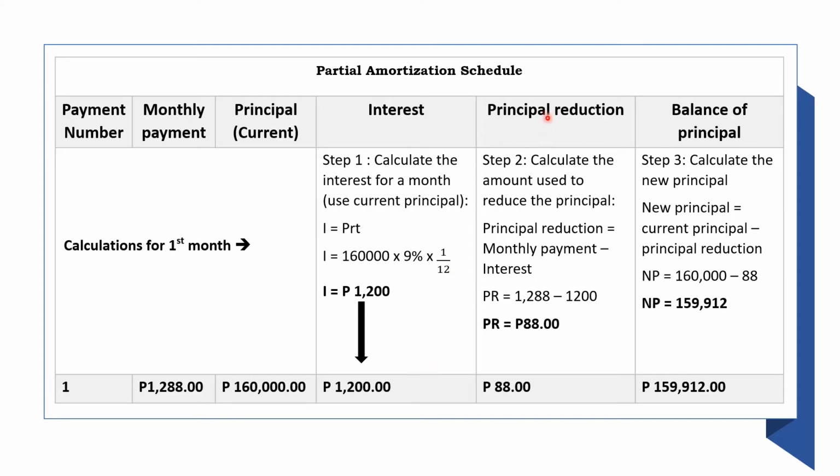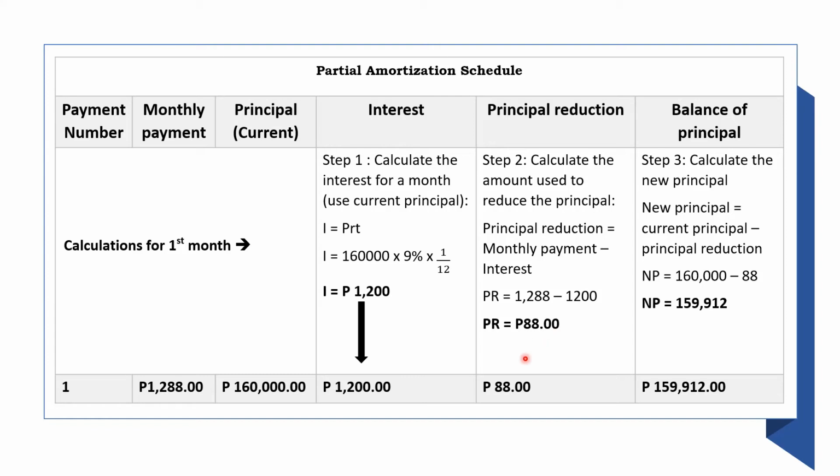Next is the principal reduction. This can be computed using this formula: principal reduction is equal to monthly payment less interest. Our monthly payment is 1,288 pesos and our interest for the first payment is 1,200 pesos.